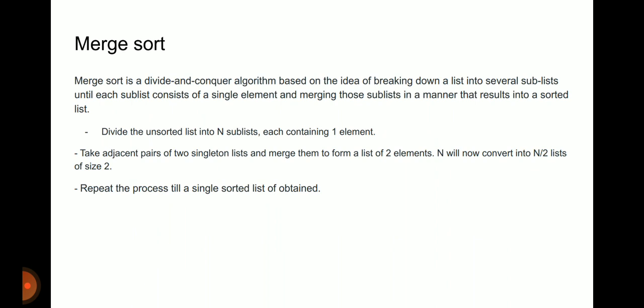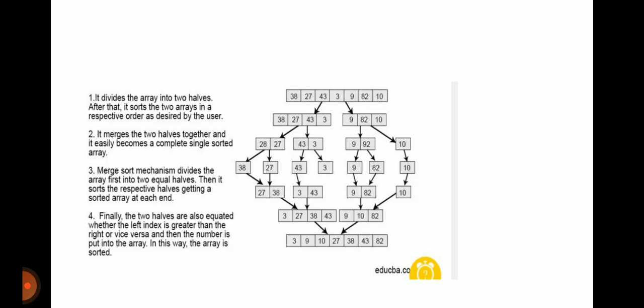Divide the unsorted list into n sublists, each containing one element. Take adjacent pairs of single lists and merge them to form lists of two elements. Repeat this till a single sorted list is obtained.